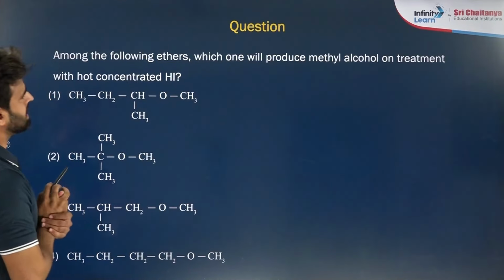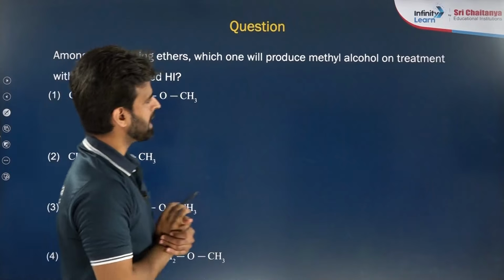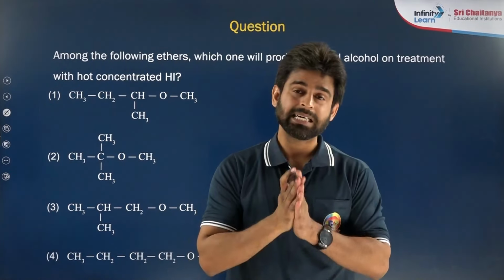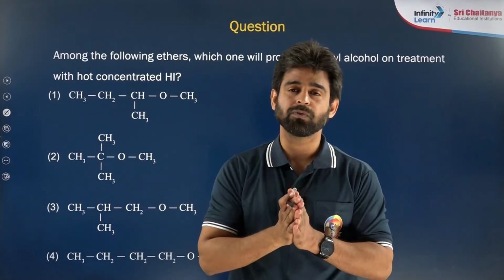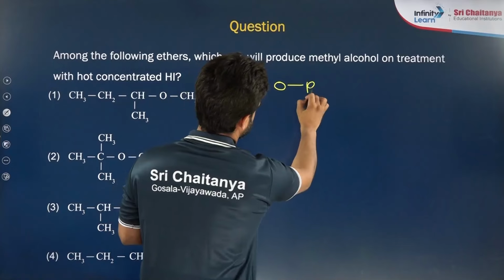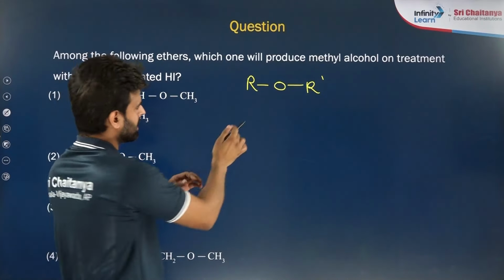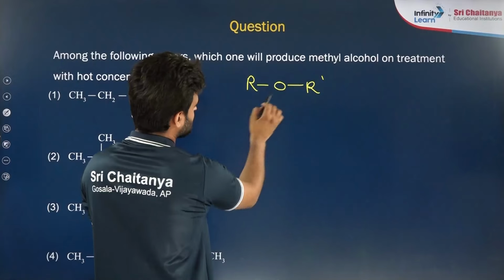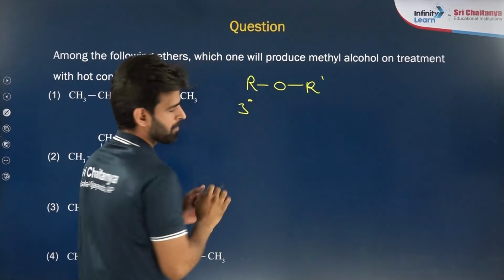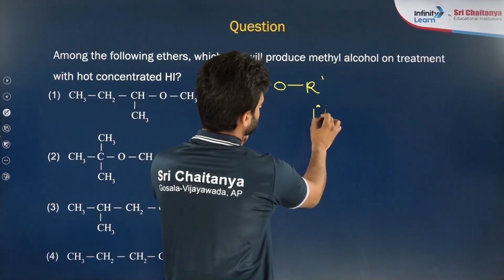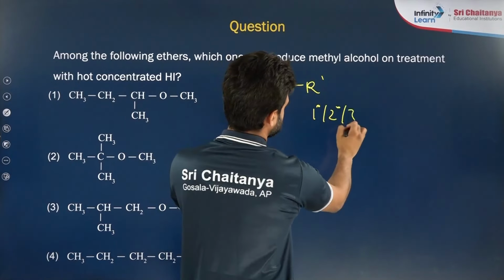Among the following ethers, which one will produce methyl alcohol on treatment with concentrated HI? Again, it's a kind of nucleophilic substitution reaction, and for this, we can use a shortcut. ROR', right? In such questions, if you see R or R' any of these is tertiary, the other can be primary, secondary or tertiary, we don't care.